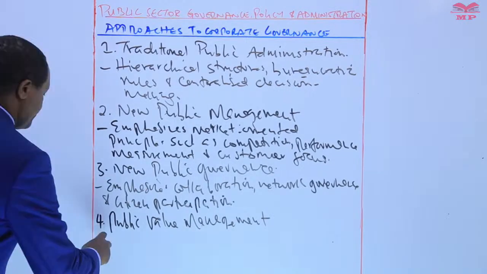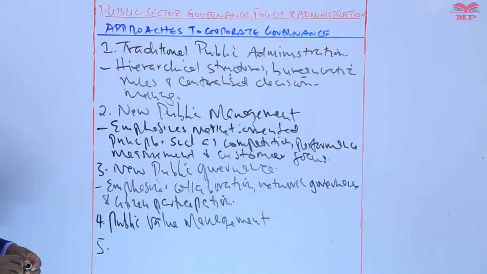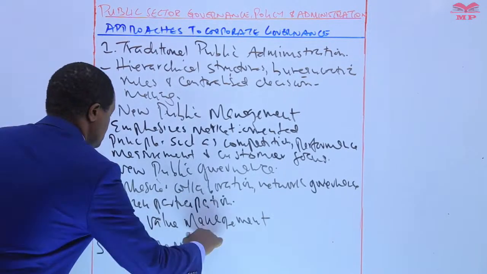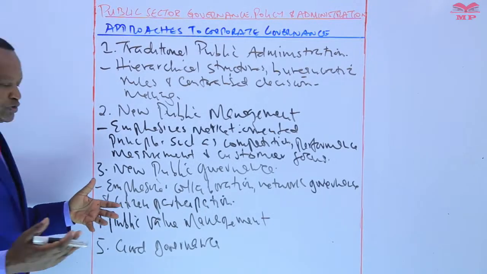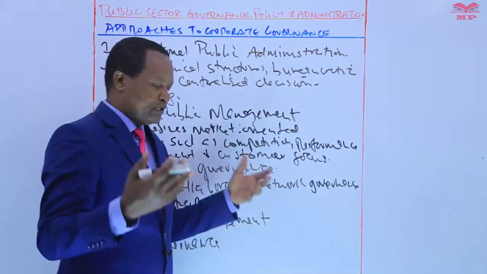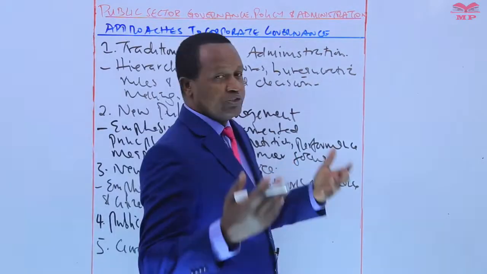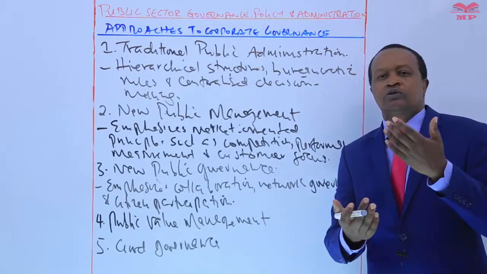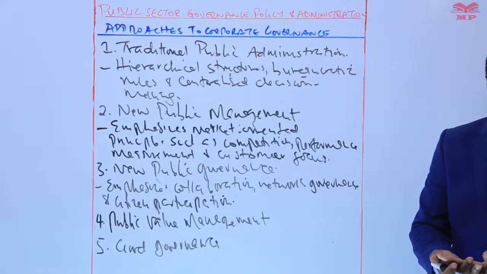The fifth approach is good governance, a broader set of principles including accountability, transparency, participation, the rule of law, responsiveness, and so on.